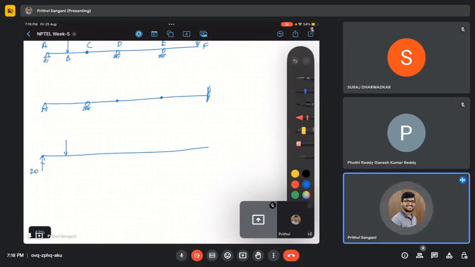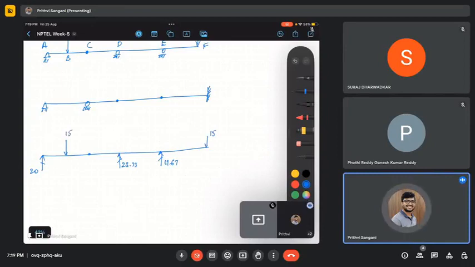This is C. The reaction at D is 23.33. The reaction at E is 11.67. There is an external force of 15 kilonewtons here, 15 and 15. So this is the free body diagram.